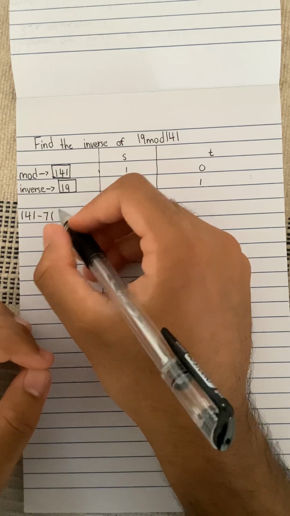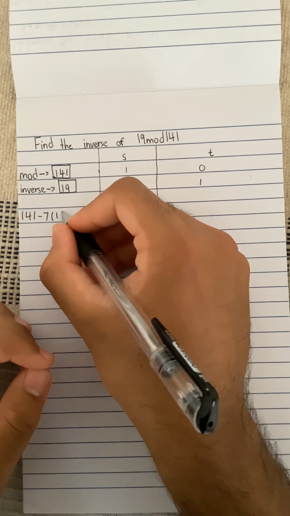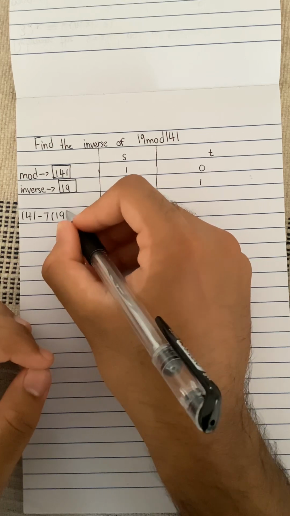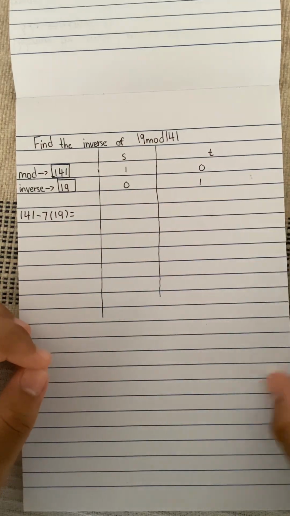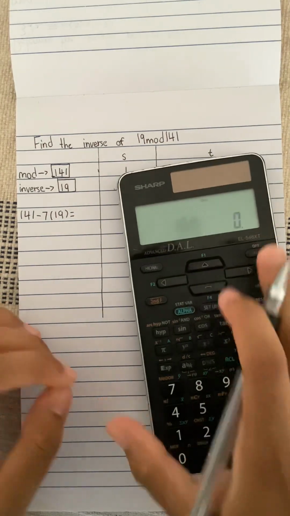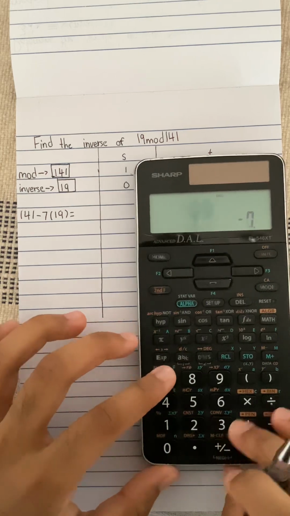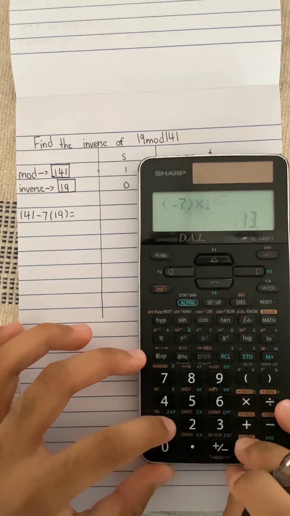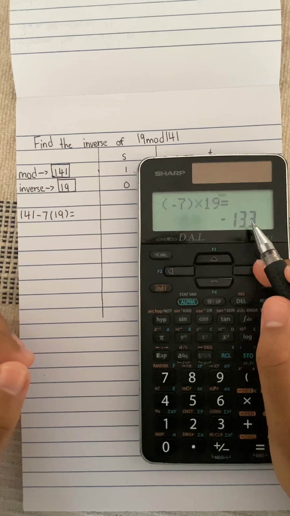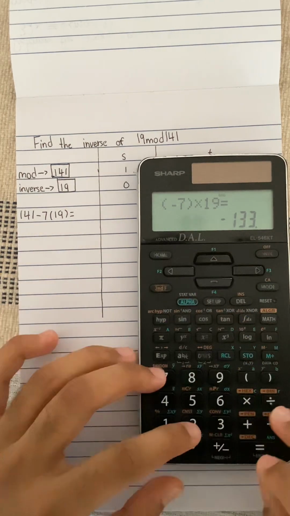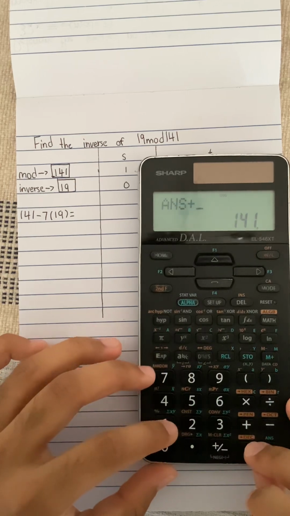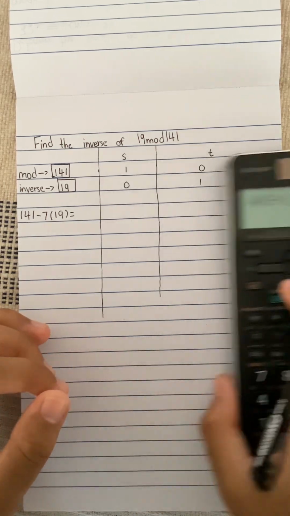And then you want to put the inverse as multiplication. I just multiply -7 by 19. That gives you -133. Now you just want to add in that 141, and that'll give you 8.